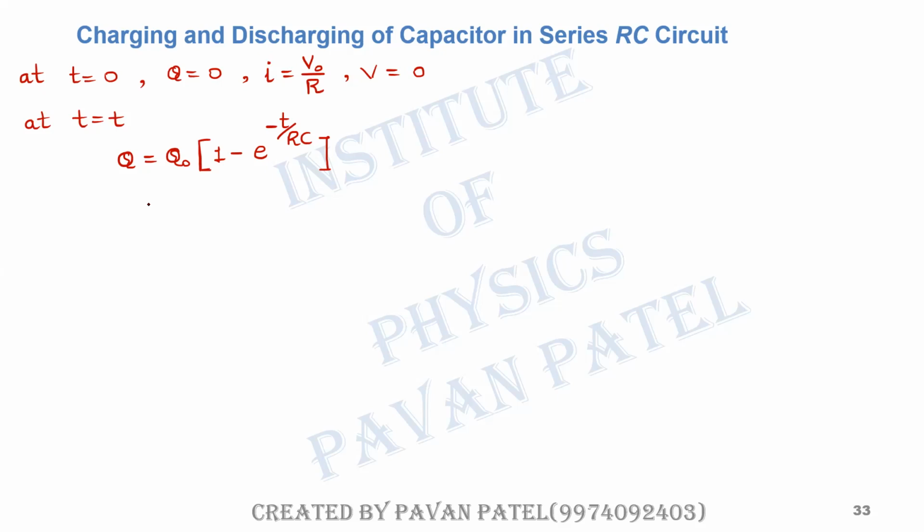Okay, and V is equal to V0 (1 minus e raised to minus t divided by RC).